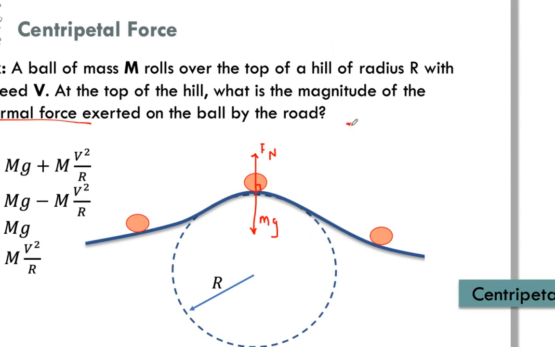What's interesting about this, instead of summing the forces in the x and the y, we want to find the radial or the centripetal forces. So any force that points away or towards the center of the circle. Notice here that normal force points away from the center of the circle. So it's going to be in the negative direction.